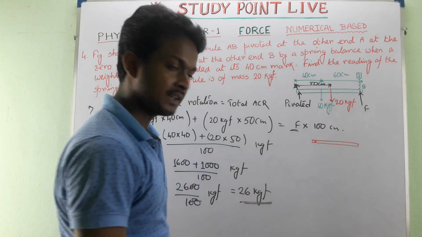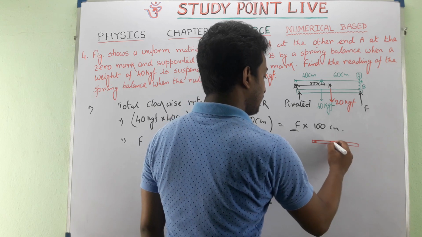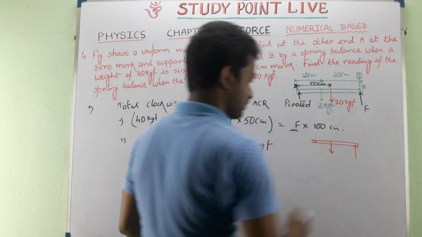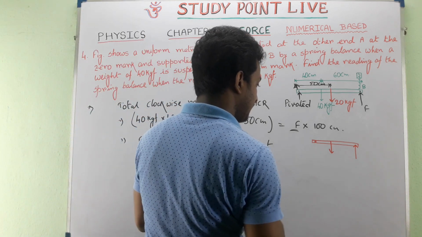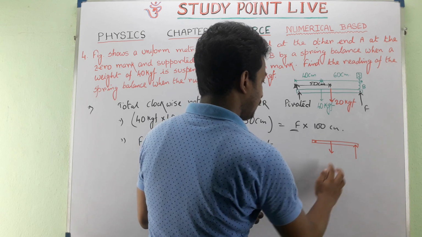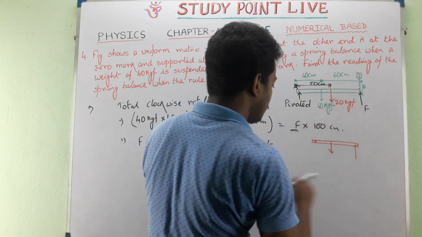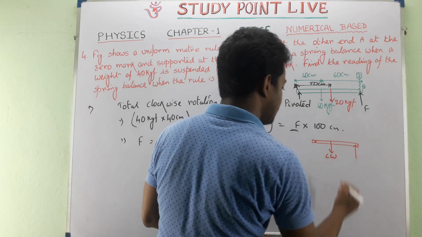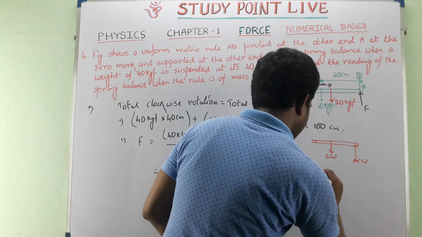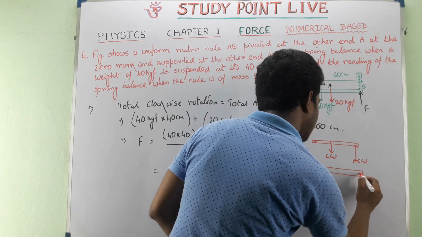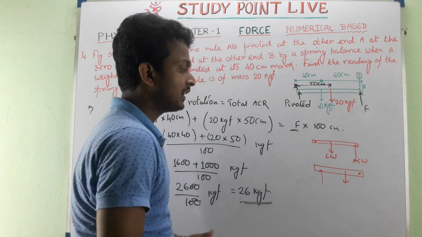When this point is fixed and force acts on the right side of the pivot point, there may be two directions. For a downward force, the rotation will be clockwise, and for an upward force it will be anti-clockwise. And if this is the uniform meter bar, here also two things will happen, one downward and another upward.